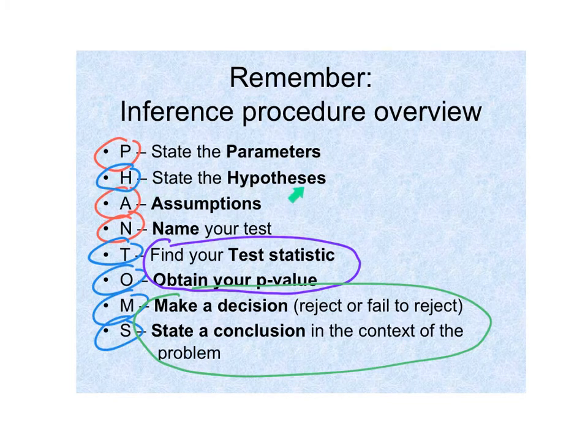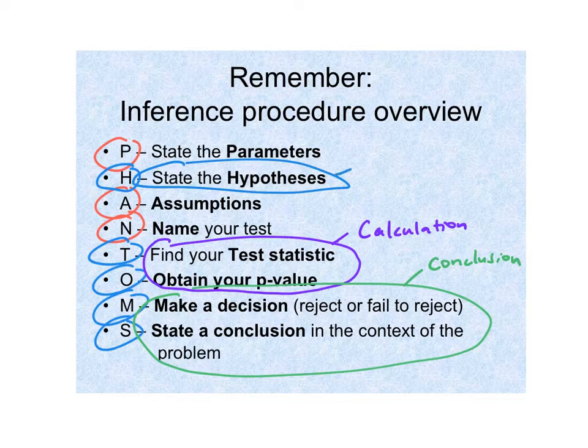There's hypothesis, there's calculations. Let me go ahead and write that in. So this is kind of the calculation part. And then the last two letters of the acronym are kind of the conclusion part. Okay, so there's hypothesis, there's calculations, and there's conclusions. But we're still going to be doing P, A, and N of PANIC.